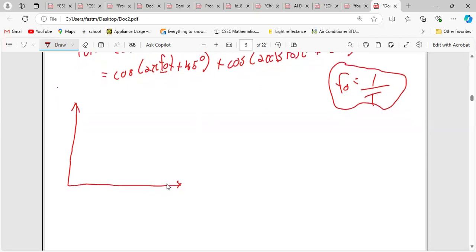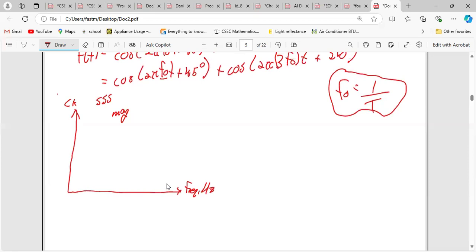So we've got to get the single-sided spectrum because we're starting with the harmonic form. We know this is CK, so there's the magnitude spectrum. We have the frequency here in hertz, and the two harmonics we have are 1 F naught and 3 F naught. So let's plot it here: 0, 1 F naught, and 3 F naught.